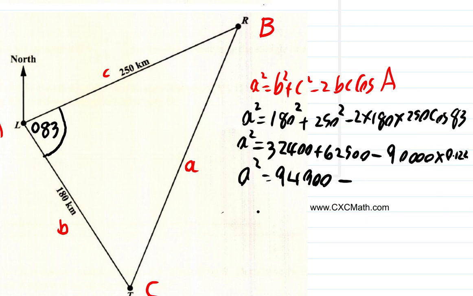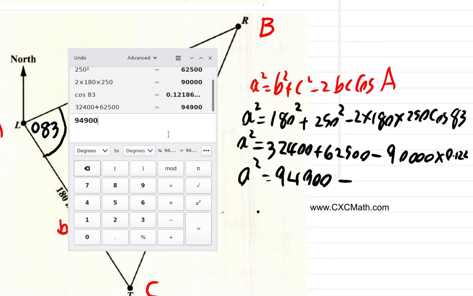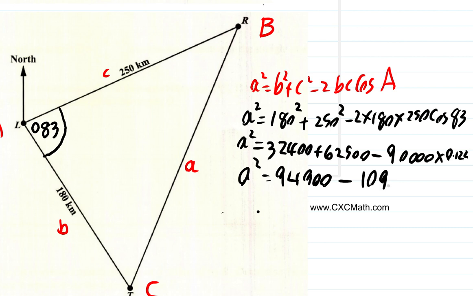Let's try that again. So after that, you have 90,000 times, I could have used a 0.122, but let's just go on with the 0.122. 90,000 times 0.122 equals 10,980.